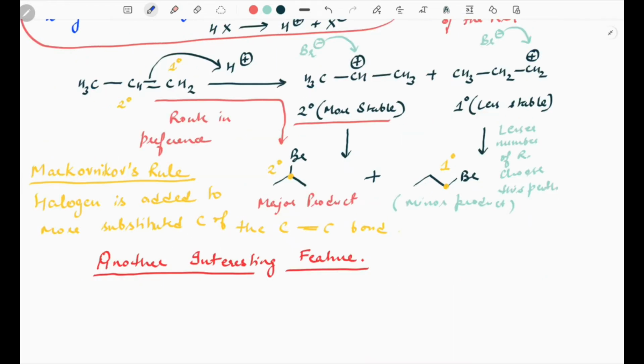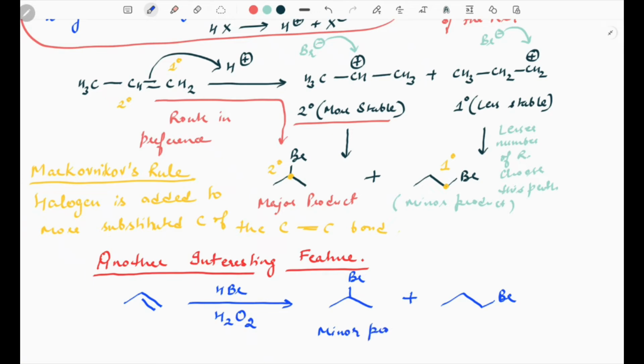Now, another interesting feature is observed if the same reaction of 1-propene with HBr is carried out in the presence of a peroxide, more likely hydrogen peroxide. Then this selectivity is reversed in the case of bromine. That means now 2-bromopropane is the minor product, whereas 1-bromopropane is formed as the major product.